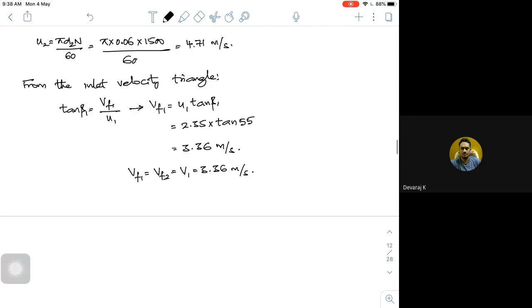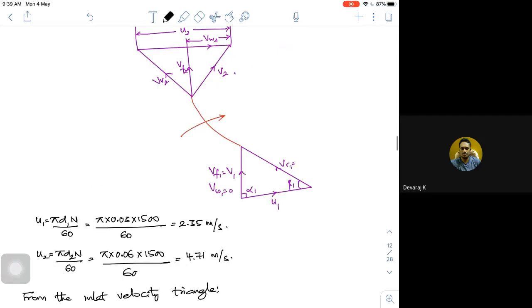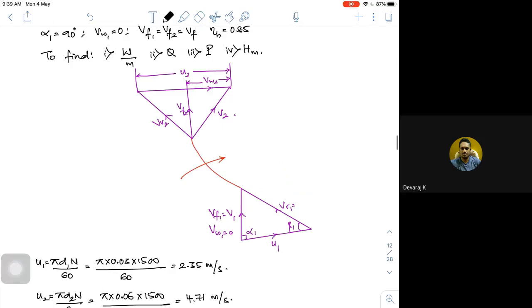Similarly, from the outlet velocity triangle, I can write tan beta 2 is equal to, so this is my beta 2, this is my alpha 2.